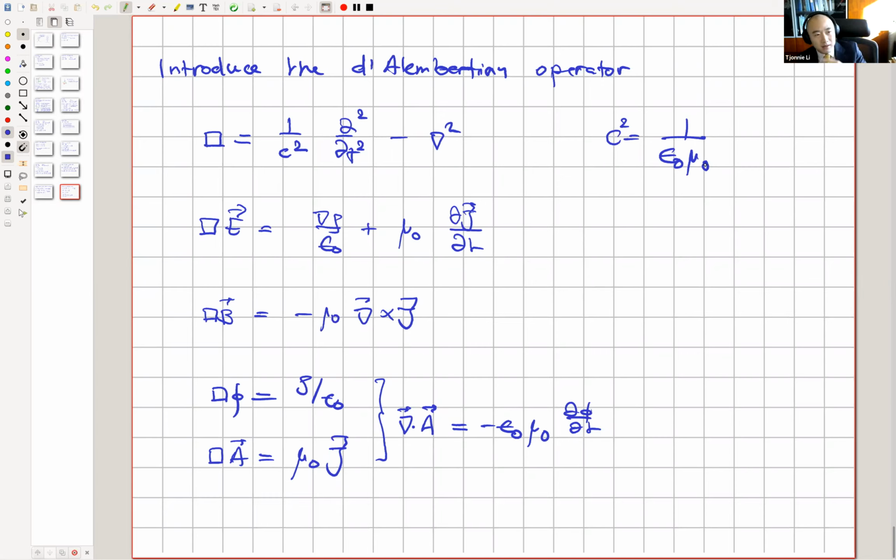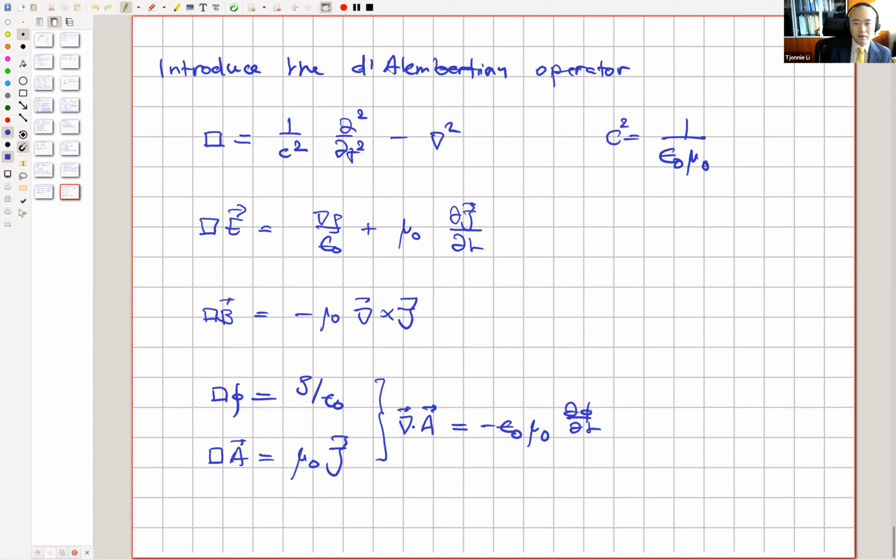And so irrespective, this is the key, irrespective of what velocity you would be traveling, this equation doesn't change, right? There is nowhere in this equation that gives you a sense of a reference frame. This equation should hold for any observer.